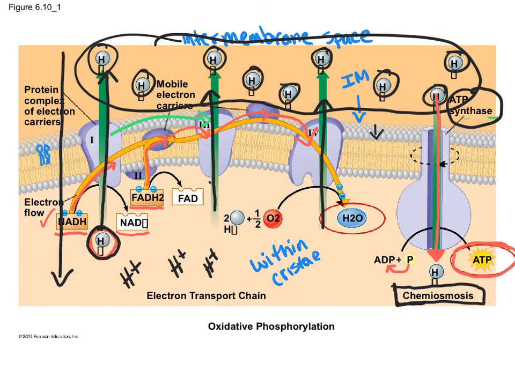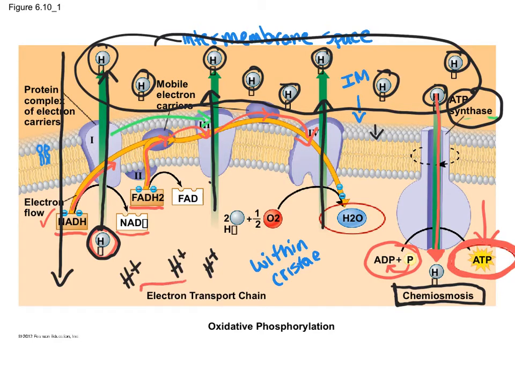ATP synthase is so good at doing this, or so efficient, that's why so much ATP is produced through chemiosmosis.